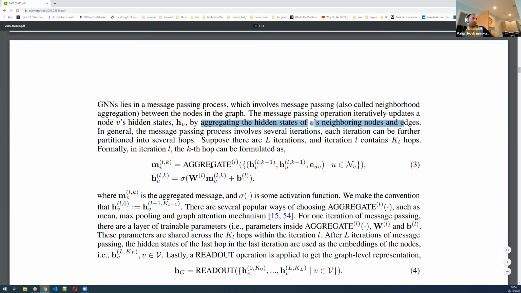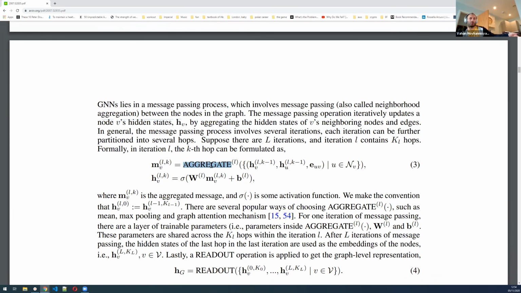So to look at the formula, aggregate is some function, which can be a max, a mean, or graph attention, which is the graph attention paper I mentioned earlier. That would be attention on each neighbor of a given node, so that maybe taking the mean or the max may not be representative enough, but you may want to learn how much attention to put on each of the neighbors.